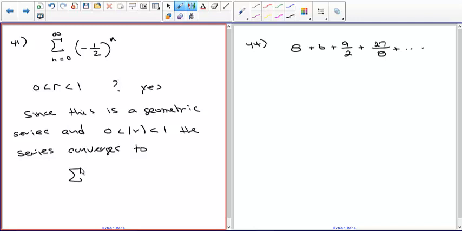So the actual series value is going to be equal to a over 1 minus r. I think that's what it was.